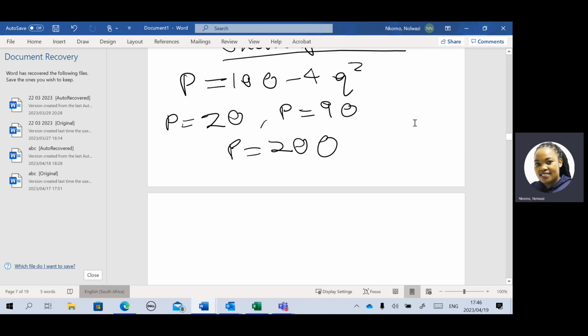We need to use our elasticity of demand formula.